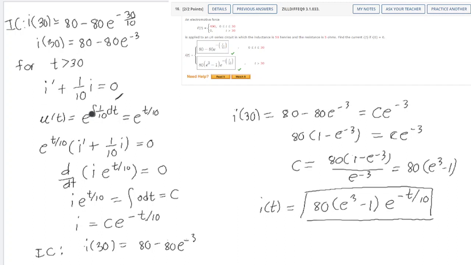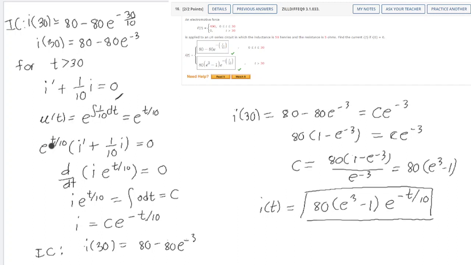Now, we still have a differential equation which can be solved by finding the integrating factor. The integrating factor is still the same. We have e to the t over 10 here. Then we multiply our integrating factor to both sides of our original equation.